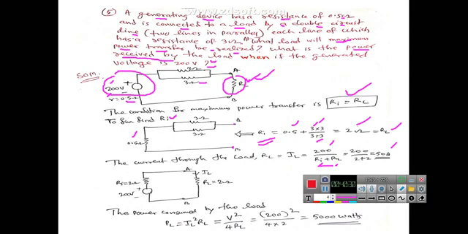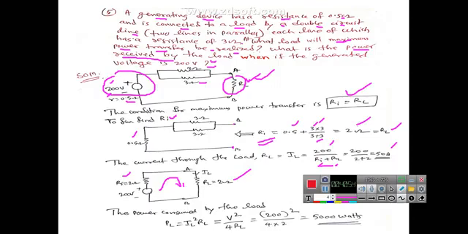Your Ri is 2 ohm and RL is 2 ohm, so the current is 50 ampere. Then the power consumed by the load is IL square into RL, or otherwise we can directly make use of the voltage: V square divided by 4 RL.